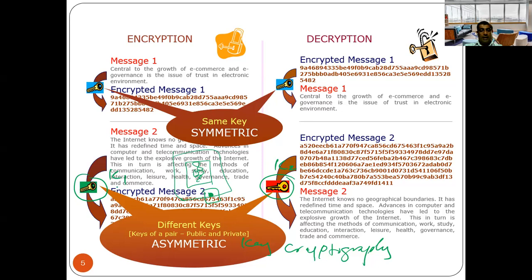When you put the letter in and lock with this one, you unlock with another one, the red one. Right? So the red one is for unlocking. The green one is to lock. So the green one can't be used for unlocking. And similarly, the red one can't be used for locking. It is always for unlocking, right? So that is this method. There are two different keys between the receiver and the sender.